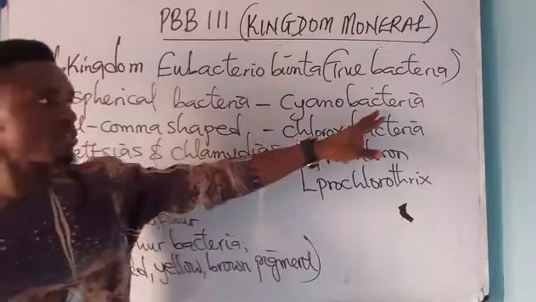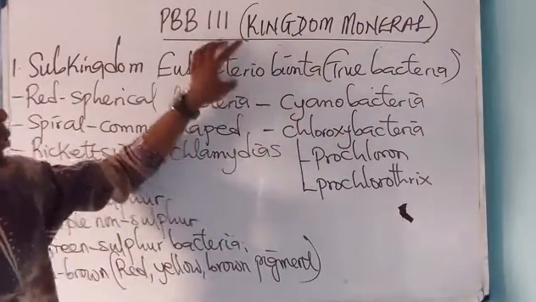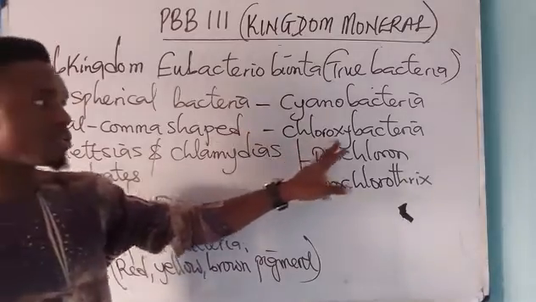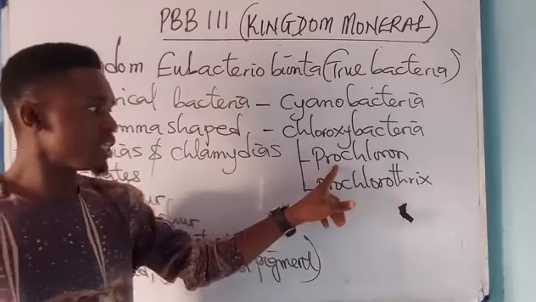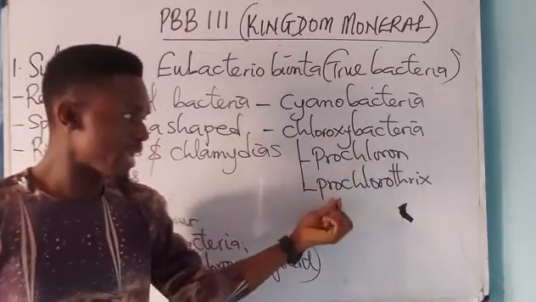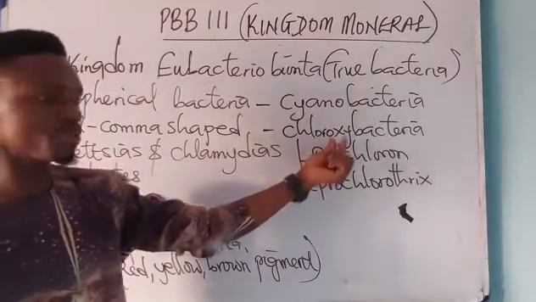The cyanobacteria are under eubacteria. The chlorox bacteria are under eubacteria. They are the components found in the chlorox bacteria.